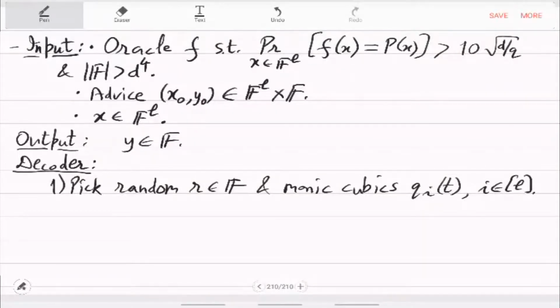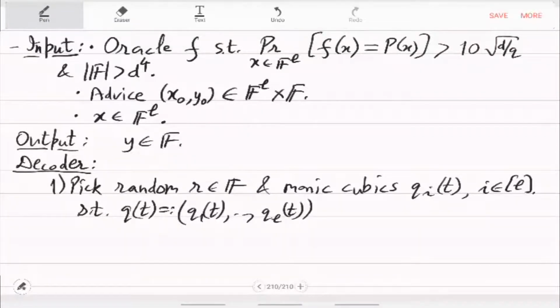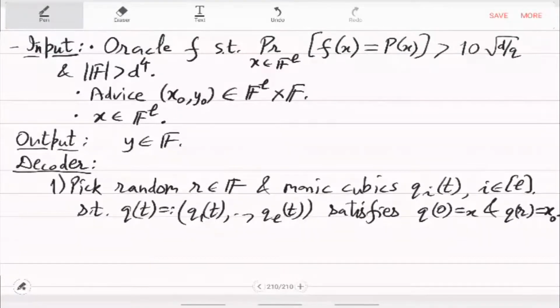So there are 3 unknown coefficients such that qt, which is basically L tuple, satisfies q0 is x and qr is x0, right.